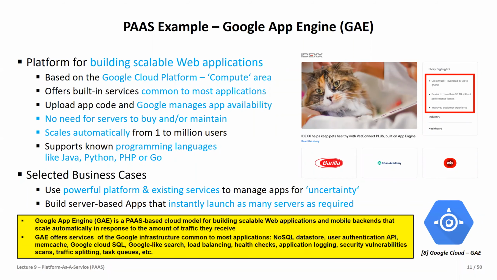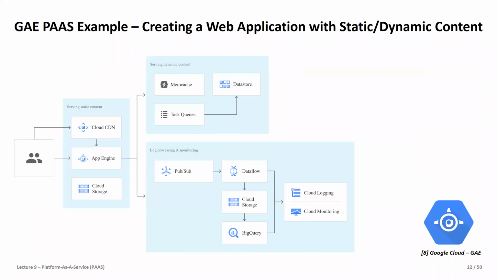So let's look through a couple of those building blocks and think about how you could realize an application with it. Here's an example with the similar thing that we also discussed in the Amazon platform, the Amazon infrastructure as a service, when we said we want to do a web application with static and dynamic cloud content. Also here in the Google Cloud, you basically have with the App Engine all that it needs to create a web application for dynamic content, which you get from the highly optimized Memcache.